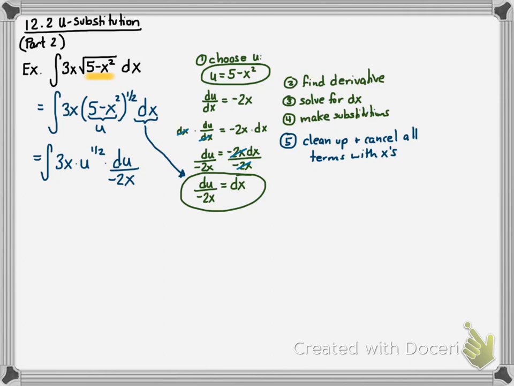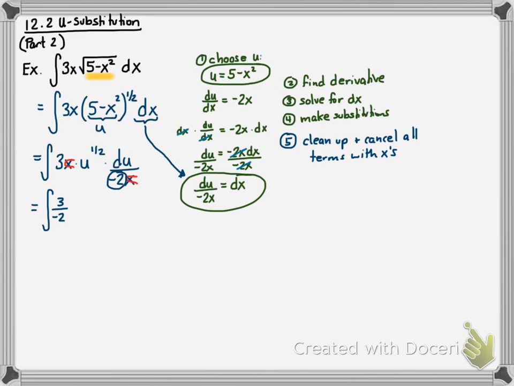Everything in this integral is multiplied together. So I have an x in the numerator and an x in the denominator, so I'm going to cancel those. Then the negative 2 that's left in the denominator, I'm going to bring to the front and push together with the 3. The 3 is upstairs in the numerator, and the negative 2 is downstairs in the denominator.